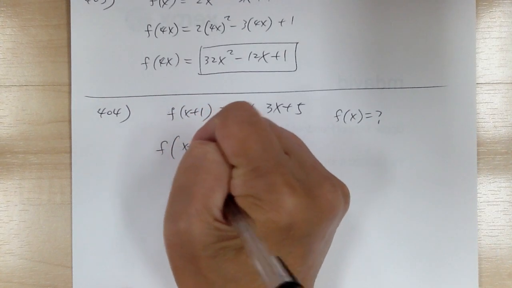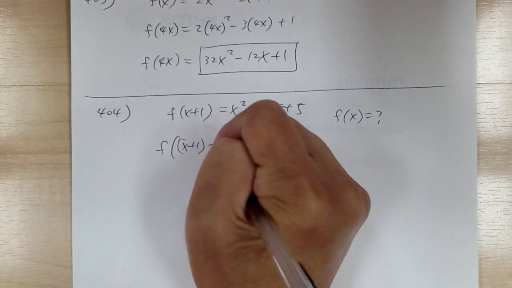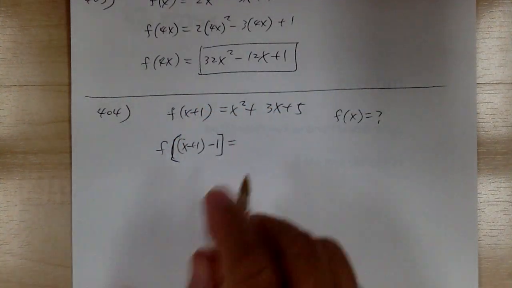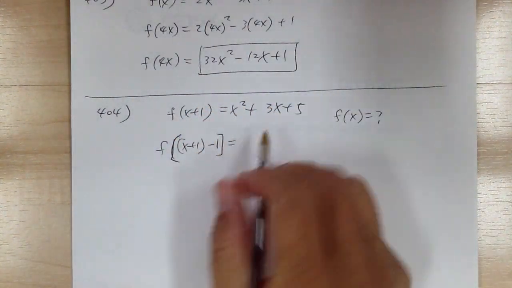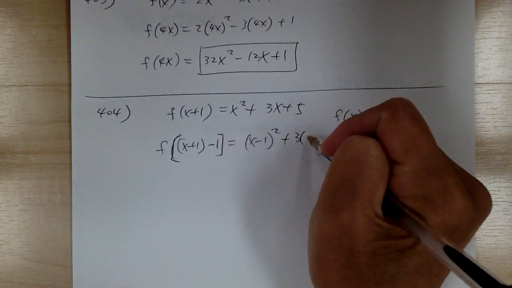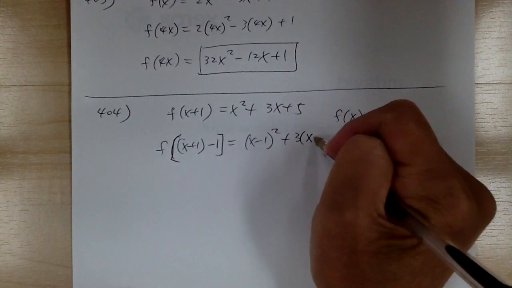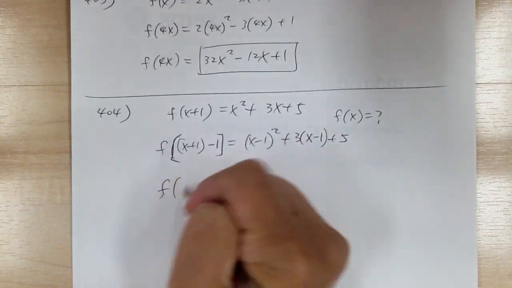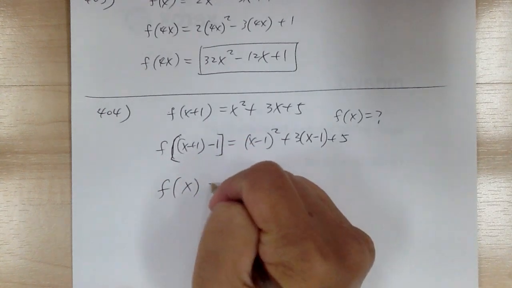So you're going to have x plus 1 minus 1. And therefore, whenever you see x, you have to subtract 1. So this becomes x minus 1 squared plus 3 times x minus 1 plus 5. So this becomes f of x.